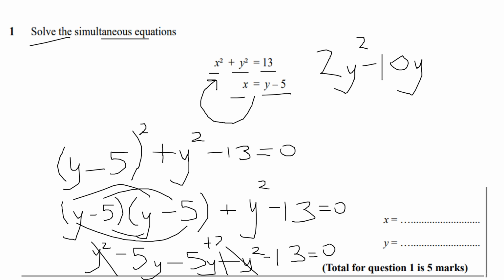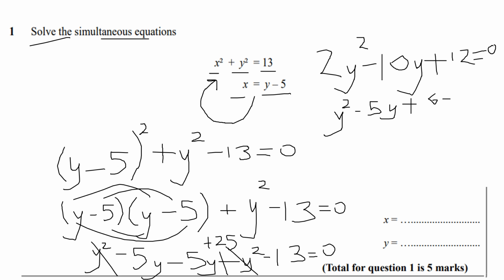Plus 25 minus 13 goes to 12. So plus 12 is equal to 0. Now, to make it easy to factorize, I'm going to divide everything by 2. So if I do that, I pull out a factor of 2. I get y squared minus 5y plus 6 is equal to 0.